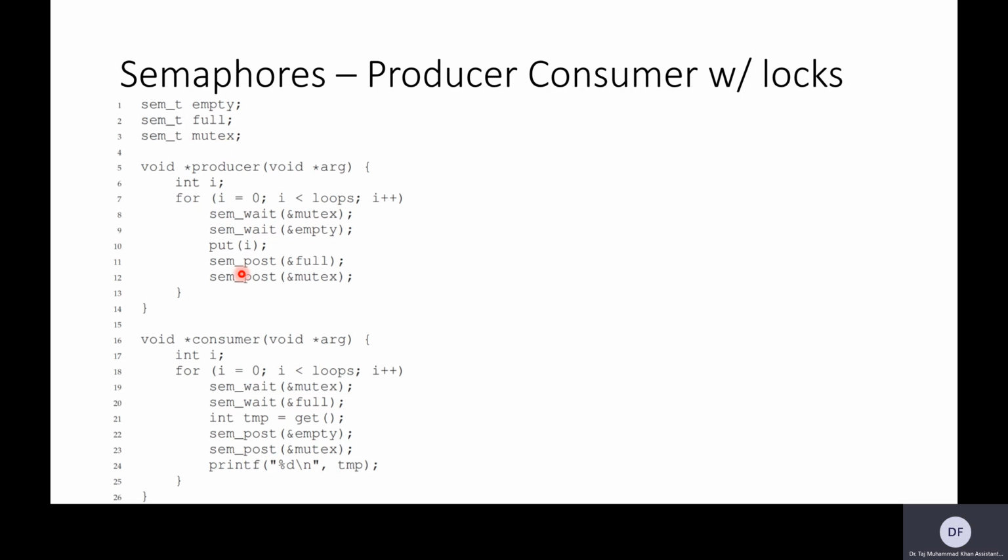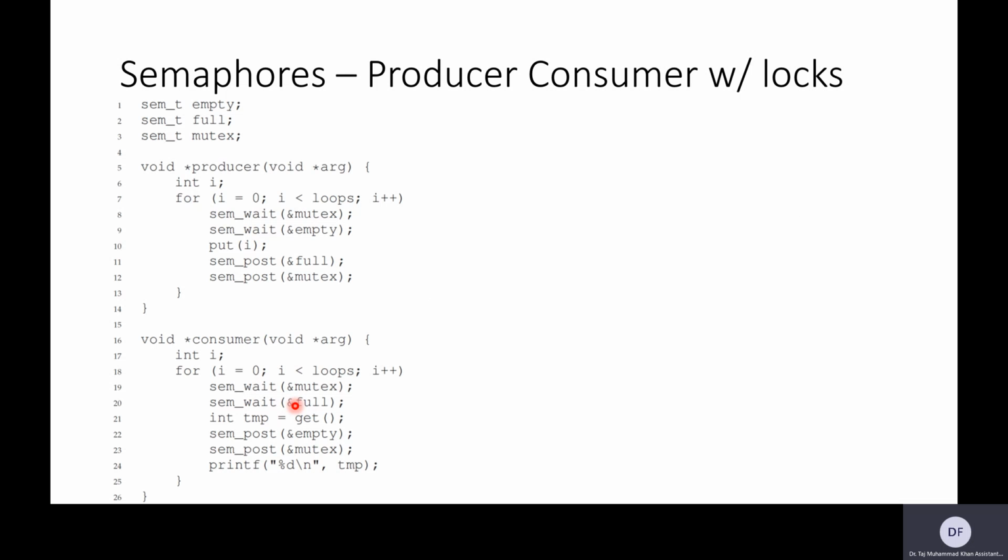So if the consumer thread runs first, then it will call semwait on mutex. Since the initial value is 1, it will be able to acquire the mutex. Semwait will return, and it will then call semwait on full to see if there are any values in the buffer. Since the consumer is the first thread that has run and the producer has not run at all yet, there will be no values in the buffer.